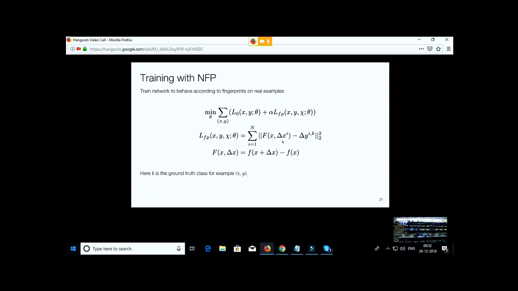Again, we assume that we somehow obtained this delta X and delta Y. I can add this sort of regularization term, this fingerprint loss, to my training loss, and then just do standard gradient descent. A small detail here is that if you train, you only use the fingerprints that were chosen for the ground truth class of this input X.